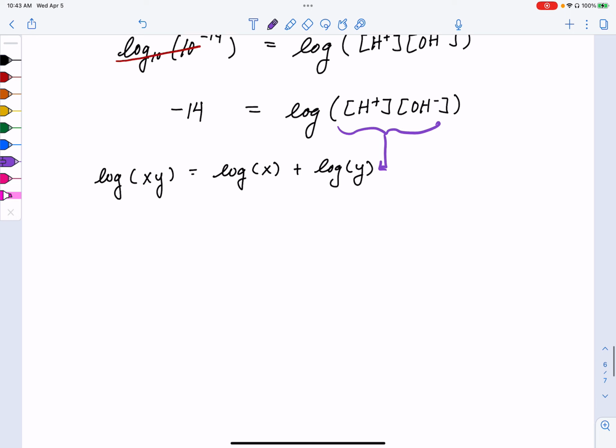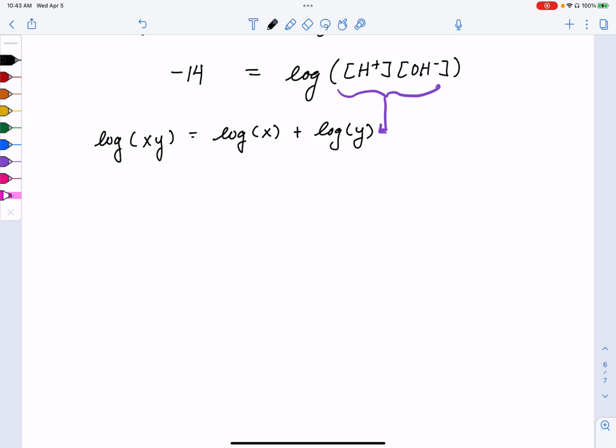So I can now rewrite this as negative 14 is equal to the log of concentration H plus plus the log of concentration OH minus.